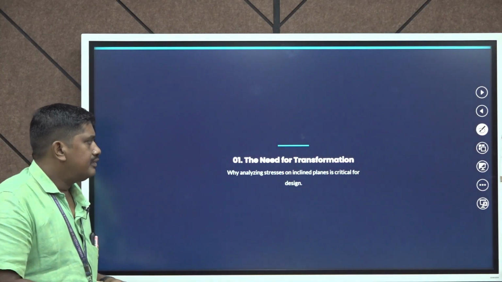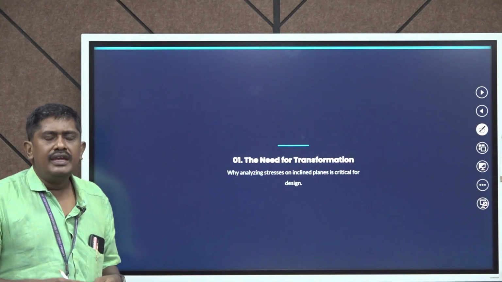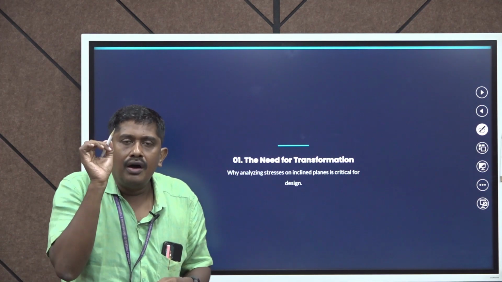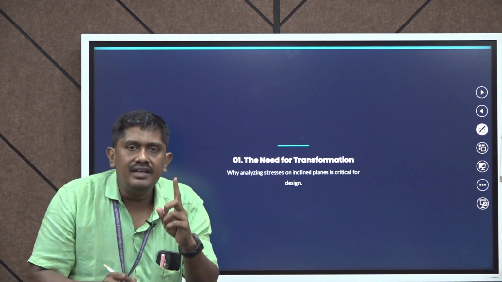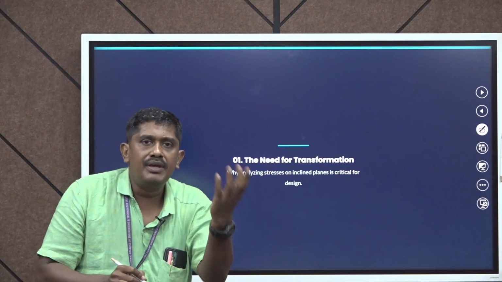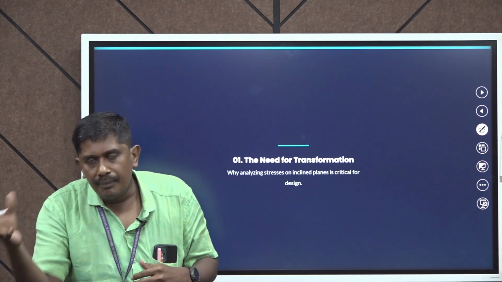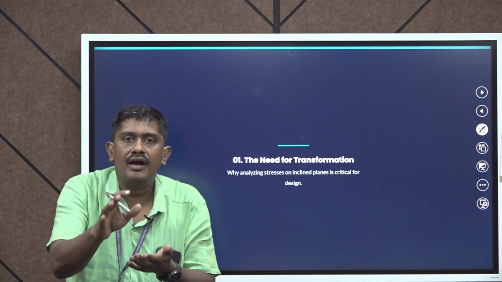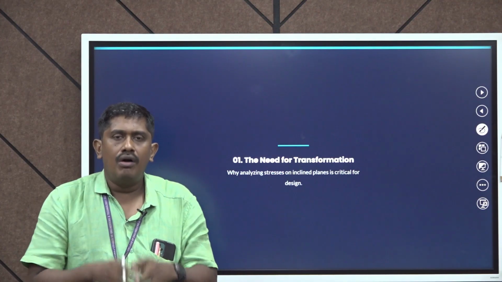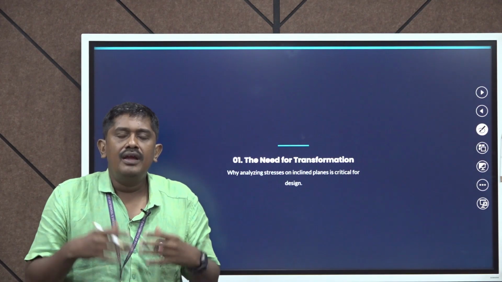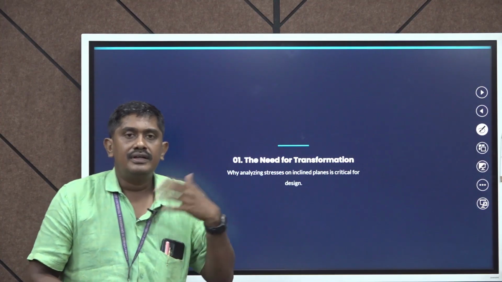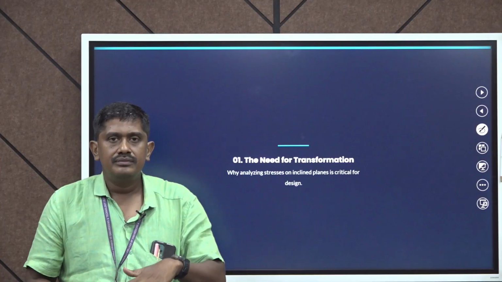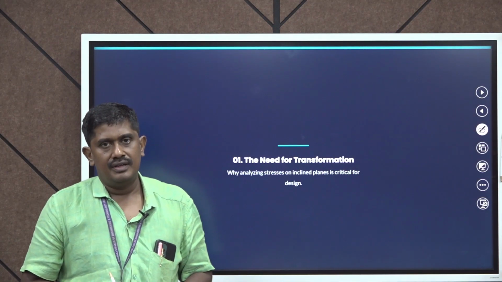The need for transformation. In practical application, no part is loaded with a single stress, like tensile alone, compression alone, or shear stress alone. There is no such object practically available in the world. All loads are mixed, tensile along with shear stress, or compression along with shear stress.